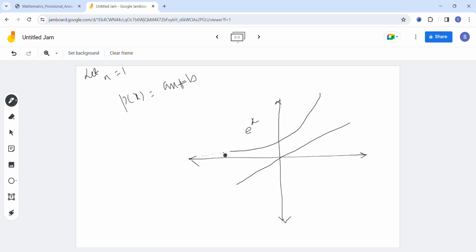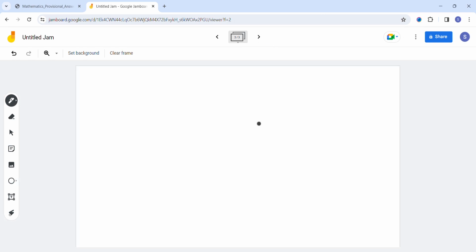This tends to 0. This is the e to the x graph.